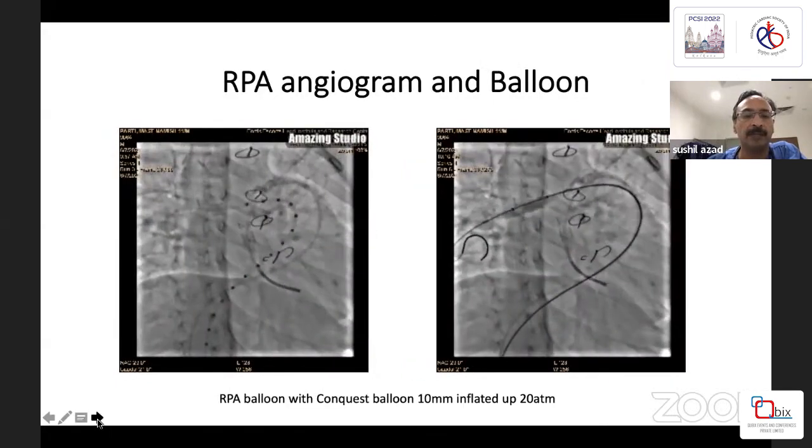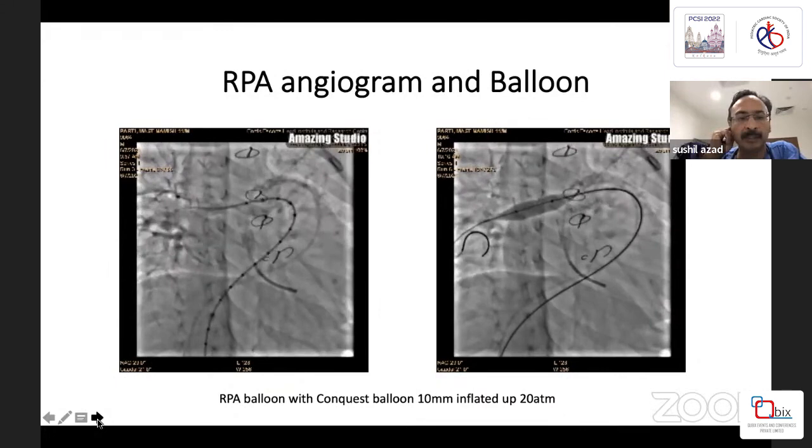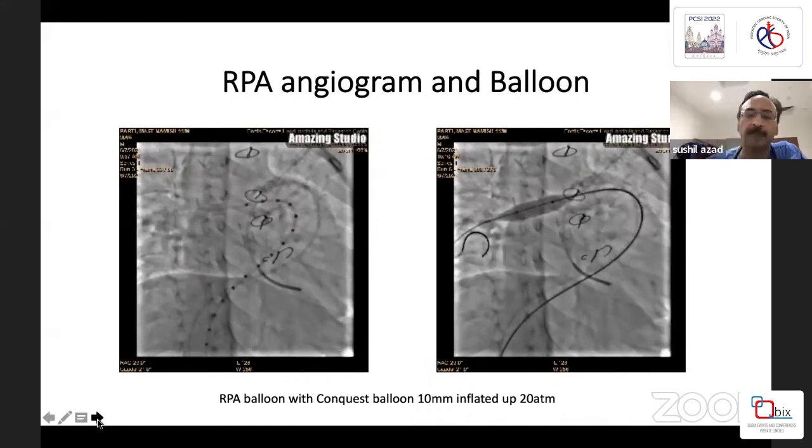We gave an attempt. We crossed the right pulmonary artery and the left pulmonary artery. We initially dilated with an 8 millimeter Z-Med balloon, but nothing happened. Subsequently we dilated with a high pressure 10 millimeter Conquest balloon, inflated up to 20 atmospheres.